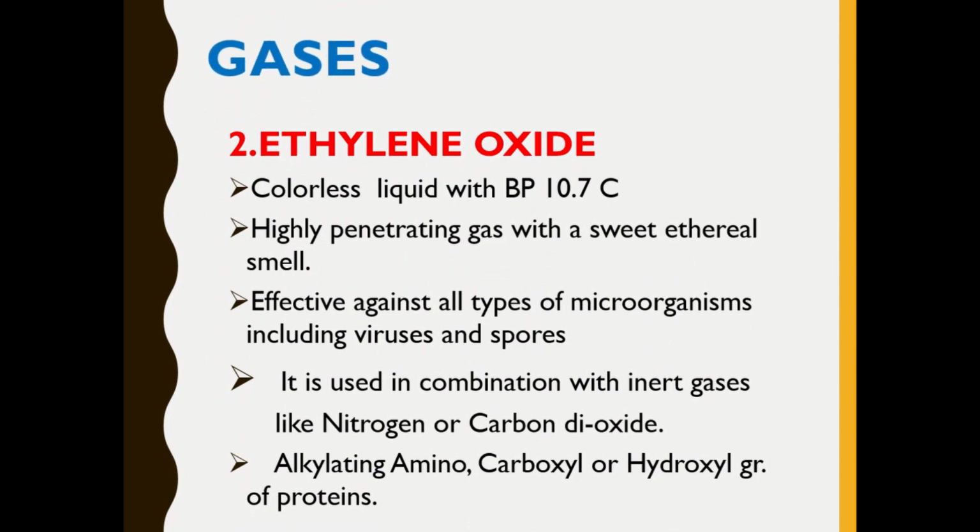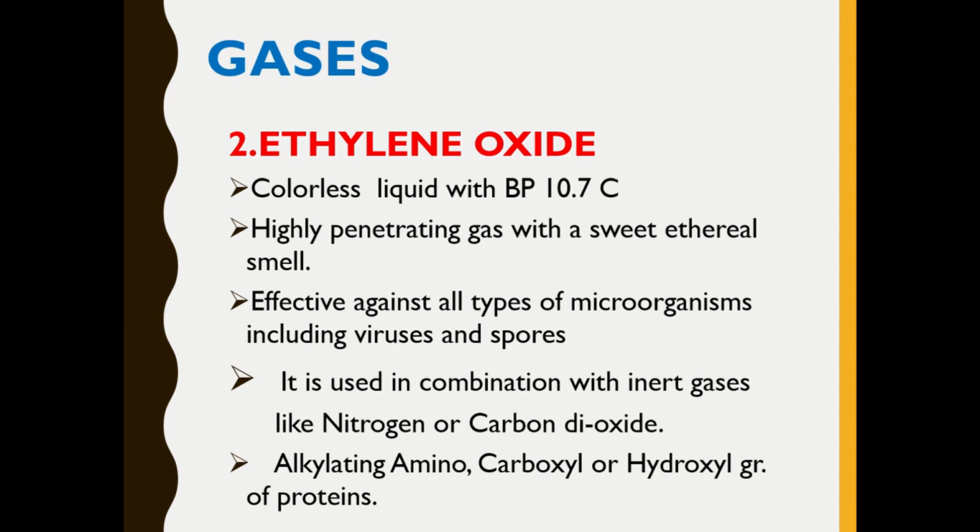Among the gases, the next most important one is ethylene oxide. It is a colorless liquid with a boiling point of 10.7 degrees centigrade, and it has very high penetrating power with a sweet ethereal smell. It is also effective against all types of microorganisms, including viruses and bacterial spores. It is used in combination with inert gases like nitrogen or carbon dioxide.